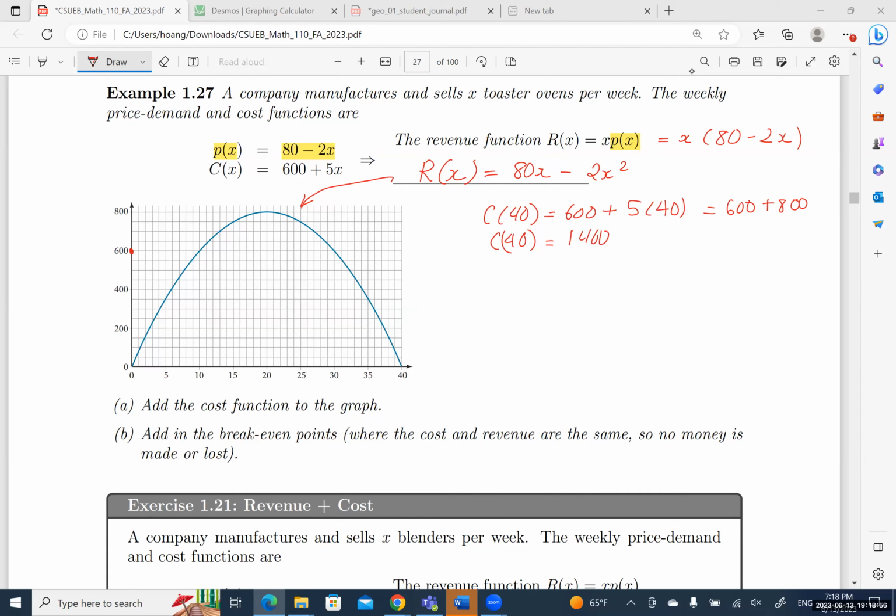It's supposed to be 200 here, right? That's why. I thought this was correct. Then I have a point at 40, and the fixed cost was 600 there, so I just draw the line.